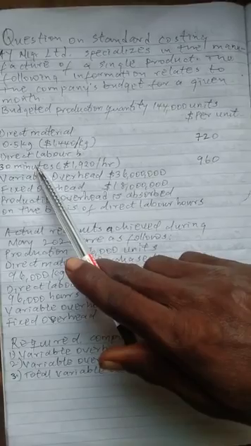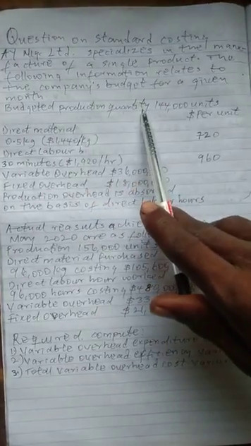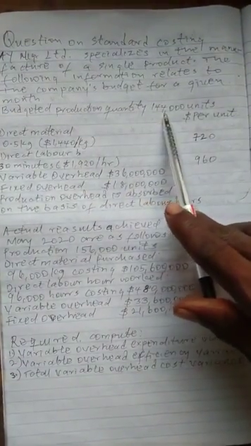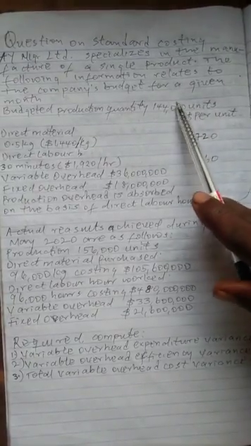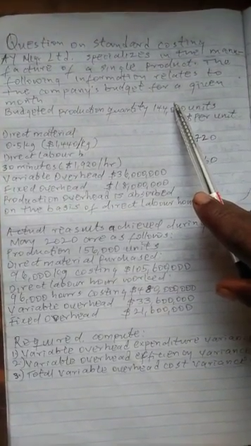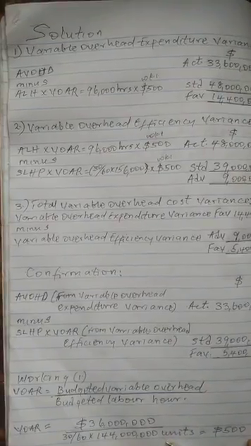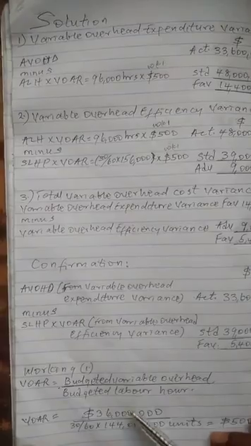And what is the production? Predetermined production is the budgeted production quantity, 144,000 units. So you now multiply this; that is how many hours was used. So that is how you get it.